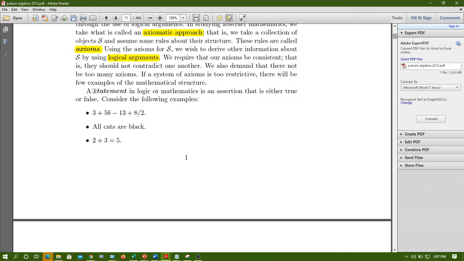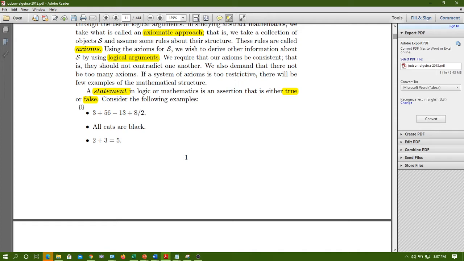So let's begin with the first term, statement. A statement in logic or mathematics is an assertion that is either true or false. Sometimes we interchange statement and sentence. Okay?